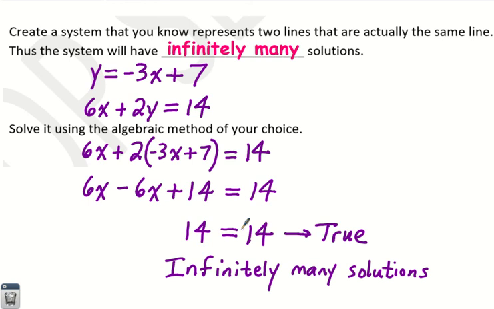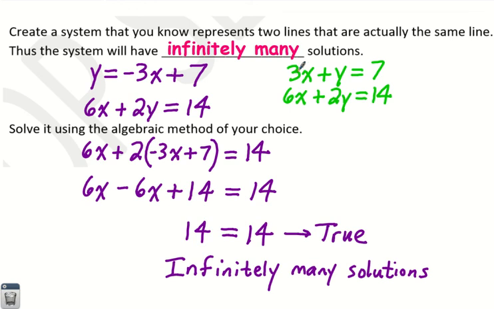All right? Heck, I'll even show you. You don't believe me? Okay. So if I were to take this first equation and line everything up, this would become 3x plus y equals 7. And this would be 6x plus 2y equals 14. And so in order to make opposites, let's say I wanted to turn the x's into opposites, I could literally multiply the 3 by 6 and the 6 by negative 3, right?